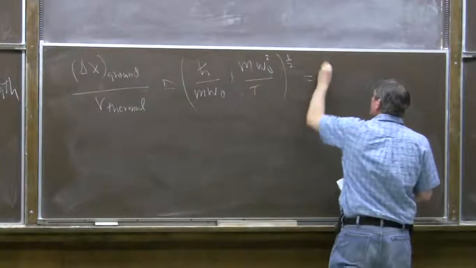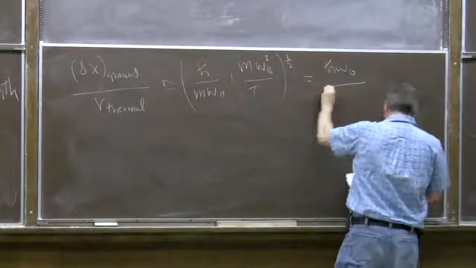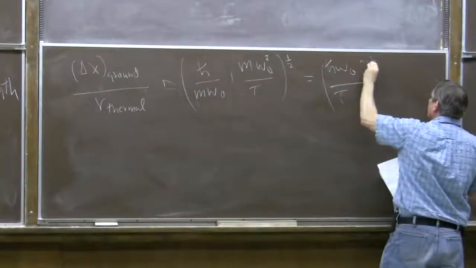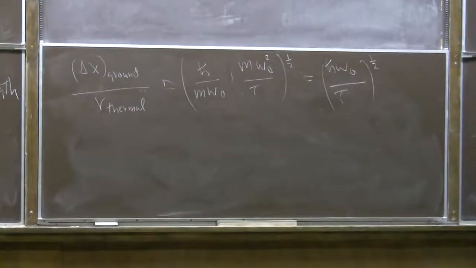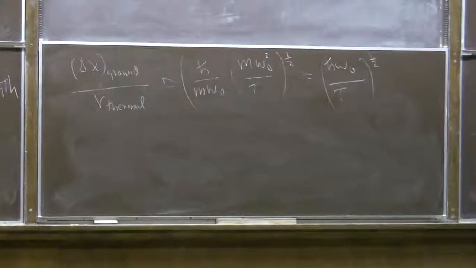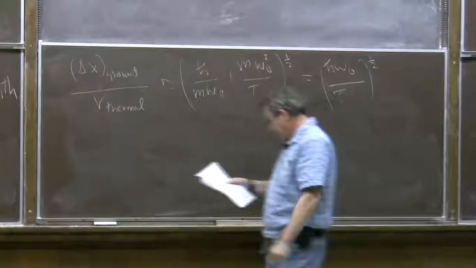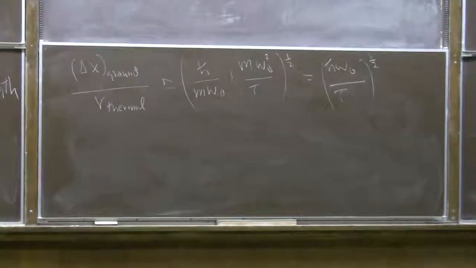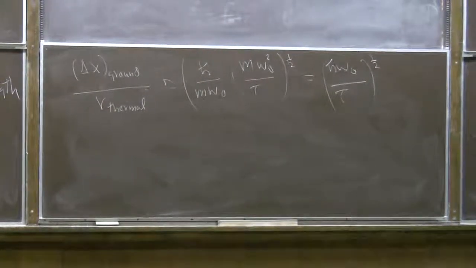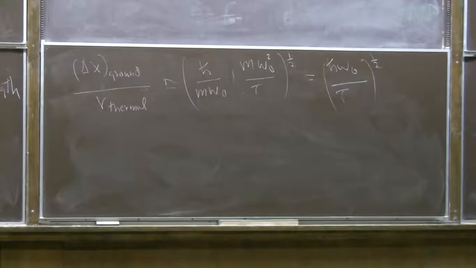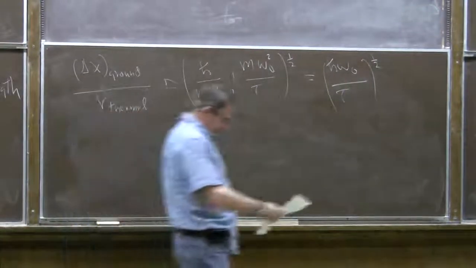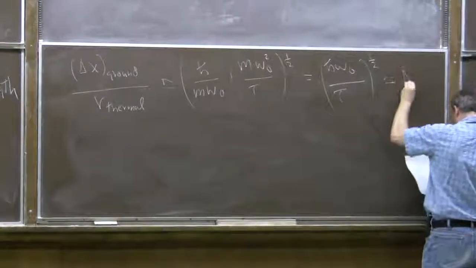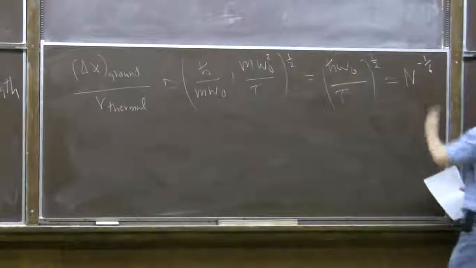So that's h bar omega naught divided by the temperature to the 1/2. And when the temperature is the Einstein temperature, which goes like h bar omega naught times n to the 1/3, that'll go like 1 over the square root of n to the 1/3, or n to the minus 1/6.